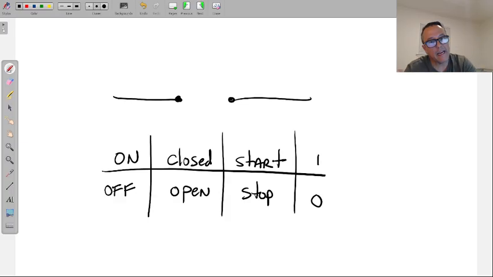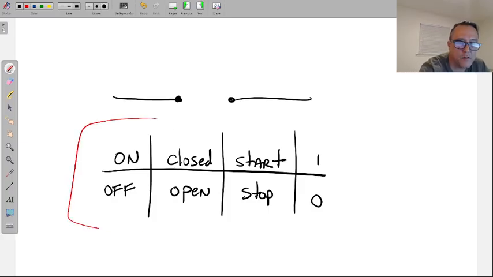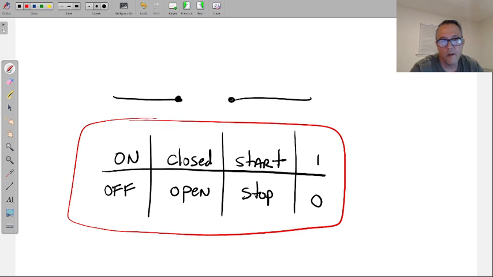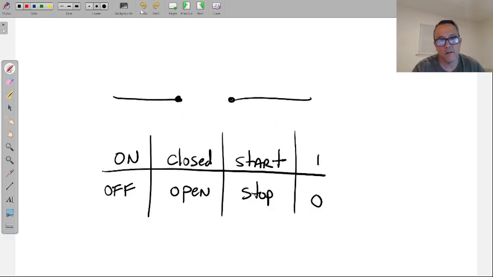This is why I say understand switches on a deeper level, because as you go through the modules, you're going to come into switching in different types of scenarios. There's one more that's added when you get to PLC, which is true-false, but we don't have to get that far down the line. For anybody who's done electronics, you may have recognized that term. True is closed, false is open.